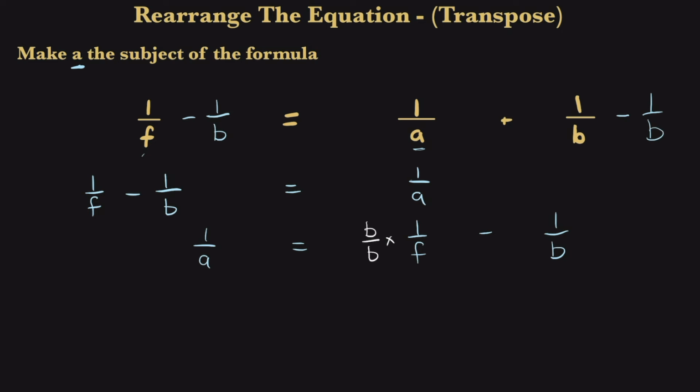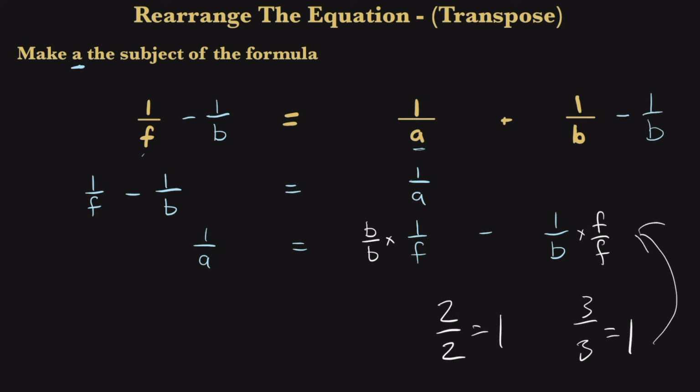And 1 over b, I'm going to multiply by f over f. Now we know that any number on top of itself, like 2 over 2, is going to be equal to 1. We know 3 over 3 is equal to 1. So any number over itself is equal to 1, which basically means I'm multiplying these terms above by 1.